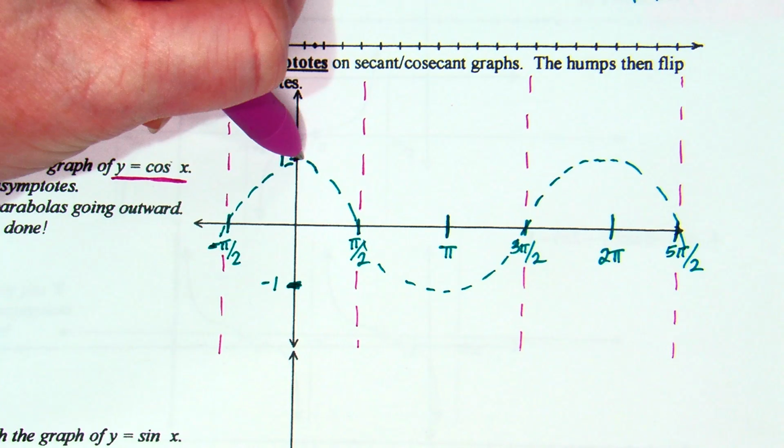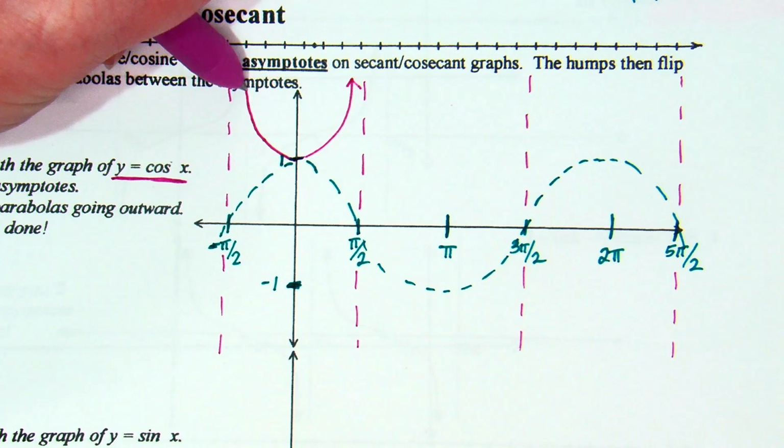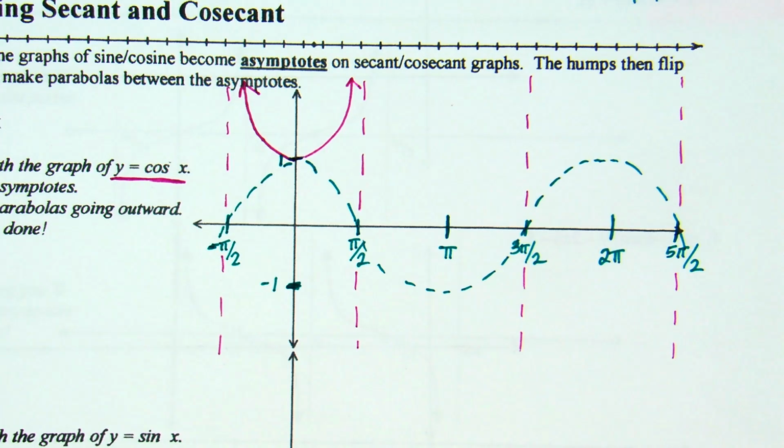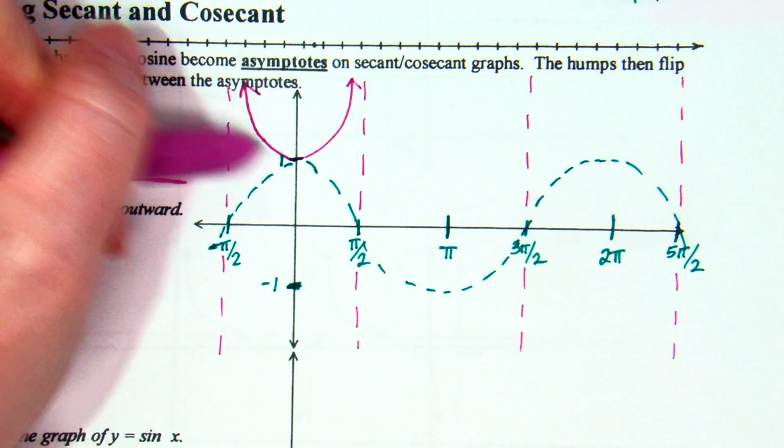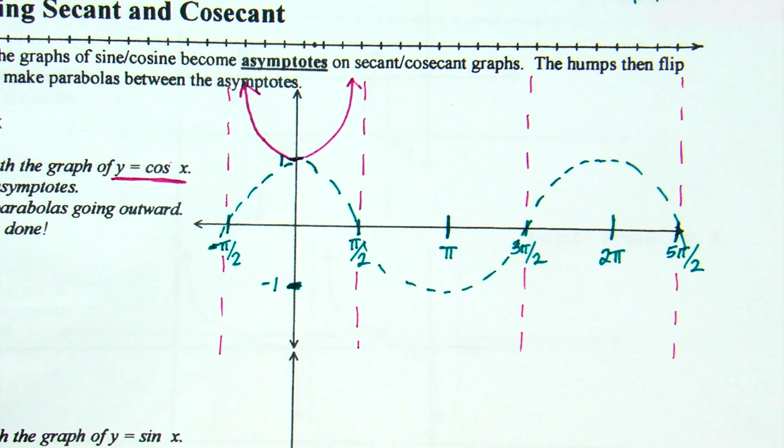They're going to be tangent to each other, meaning they're going to touch each other. And my parabola is going upwards, running along inside the asymptotes, never touching, never crossing the asymptotes. Important is that the bottom of your parabola is at the top of your amplitude. Does that make sense?